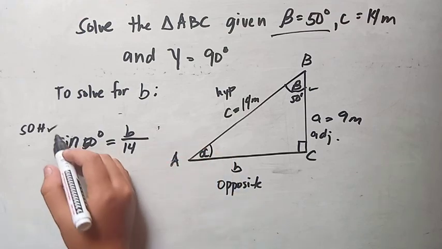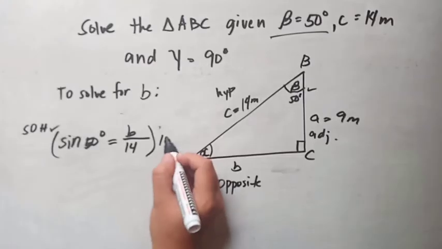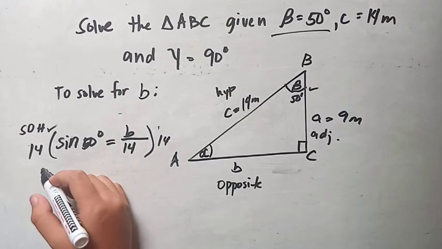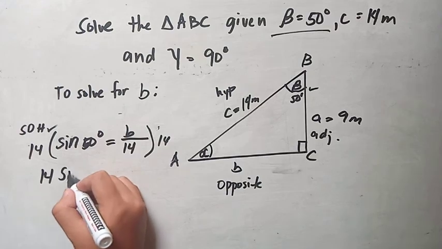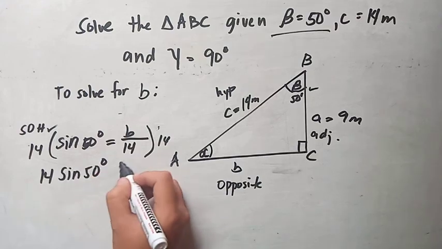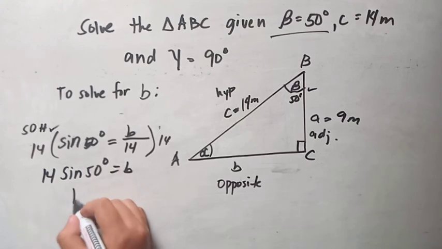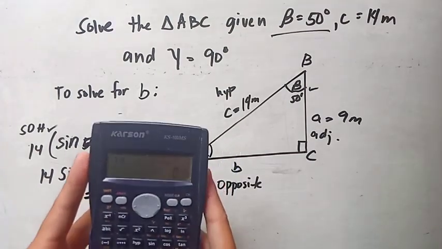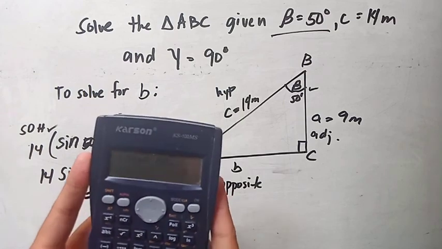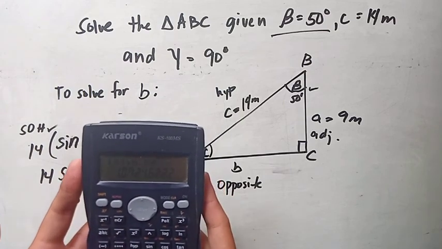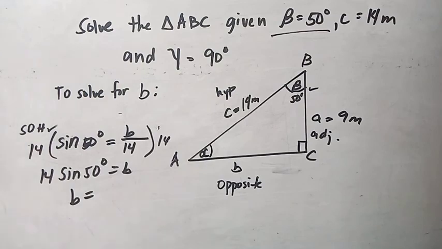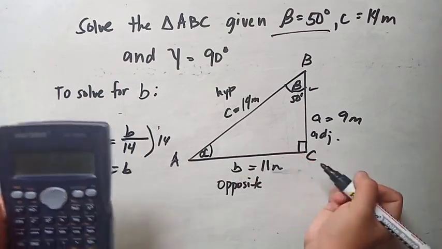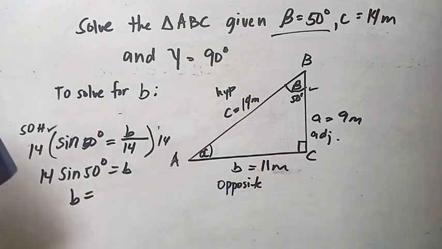Again, we will multiply both sides by 14 to get B. So, 14 sine 50 degrees is equal to B. That is 10.72, or pag niround natin yan, that is 11 meters.